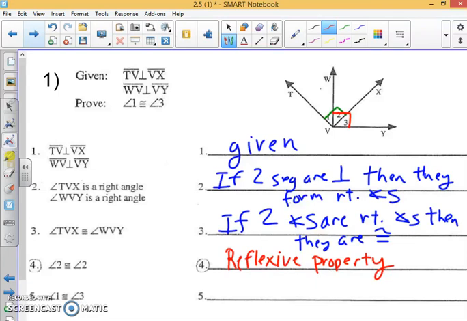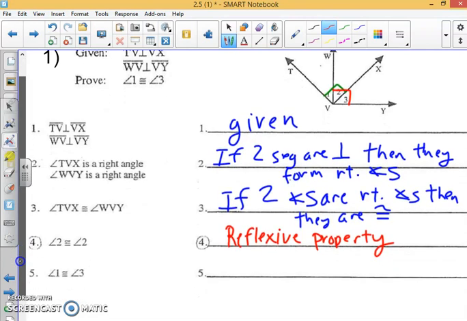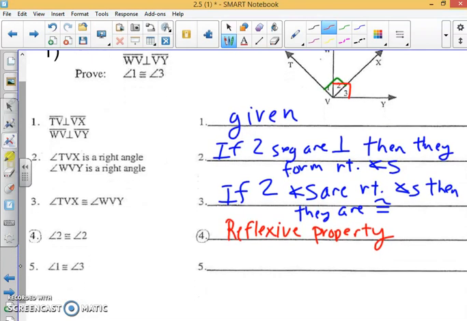And our last step here, we need to use one of our new theorems. So we are taking two congruent angles and we are subtracting the same angle from both of them and saying the resulting difference angles are congruent. So let's say that.